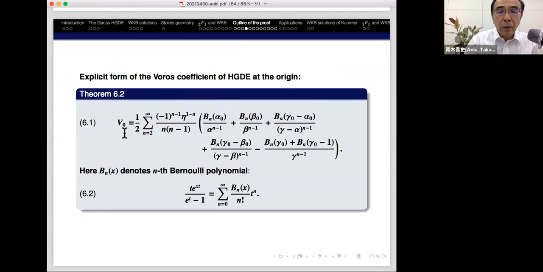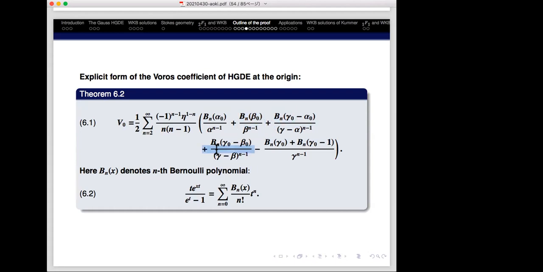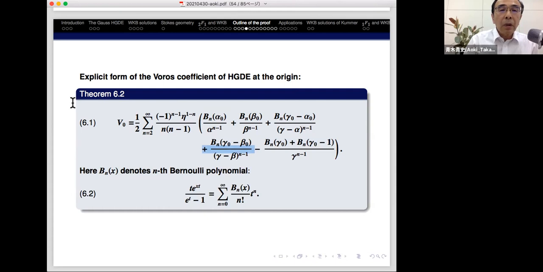This is the expressed form of the Borel coefficient of the hypergeometric function equation at the origin, and this is a sum of such terms, and each term corresponds to the Borel coefficient of the wave equation.